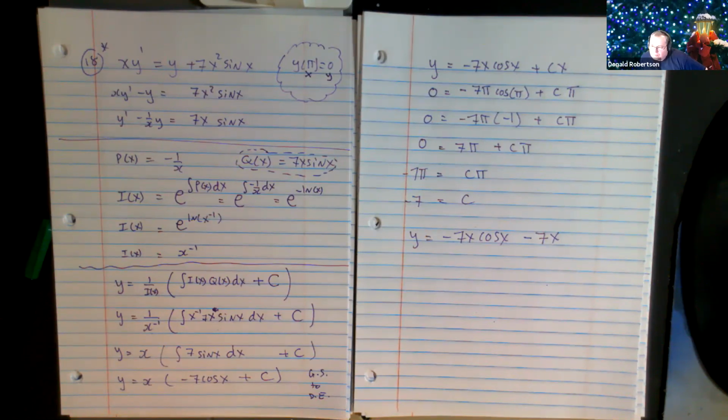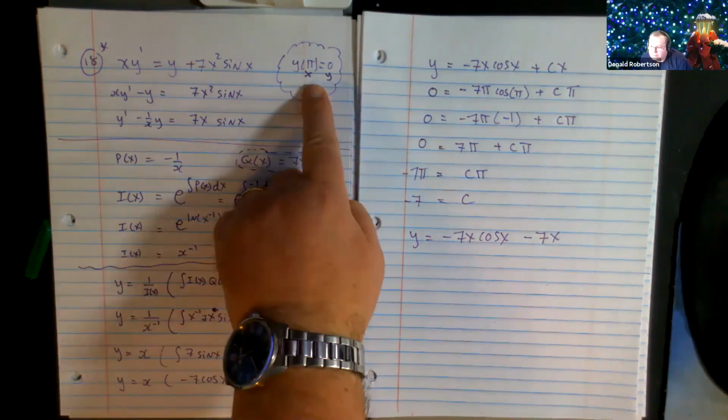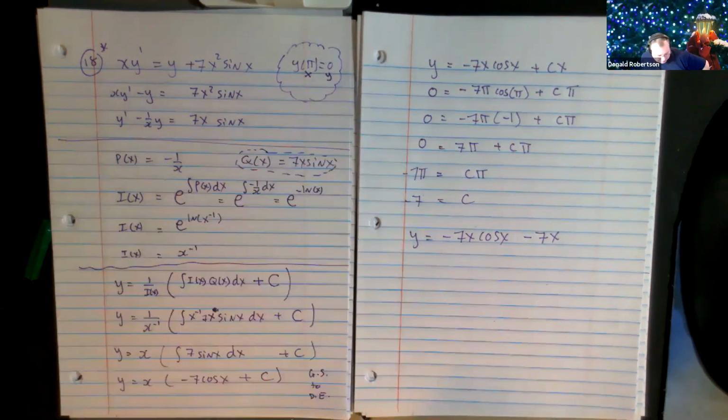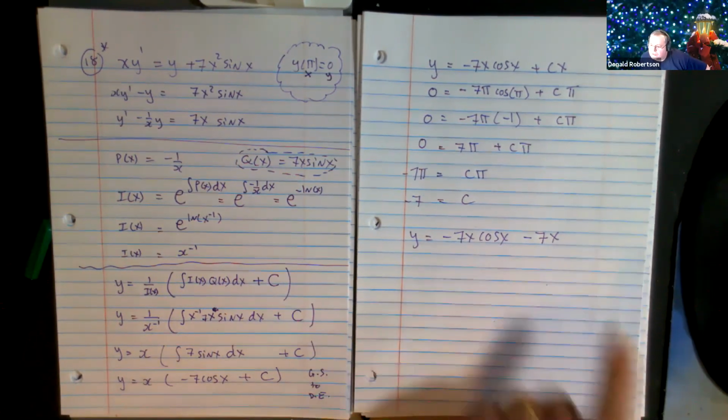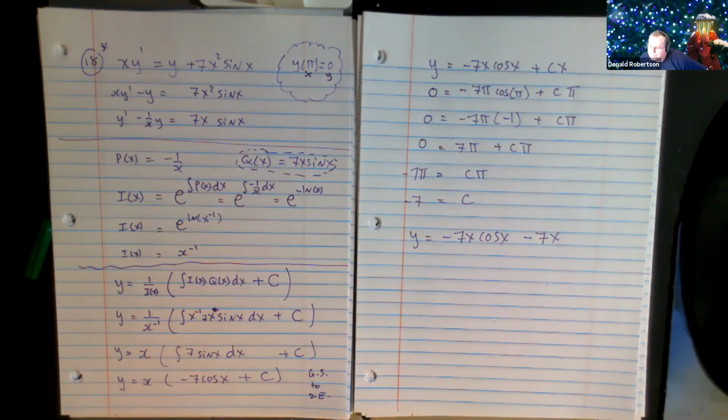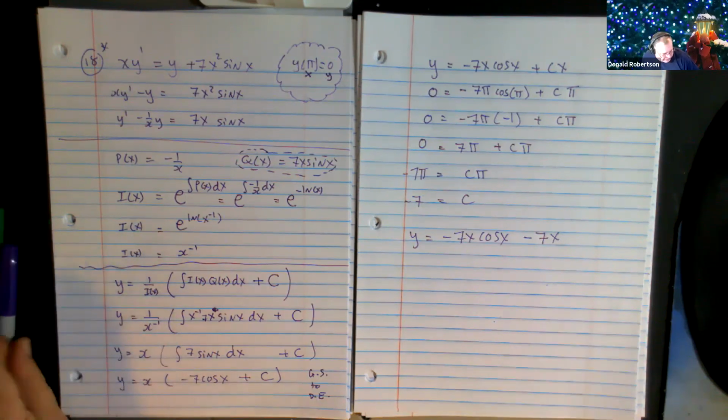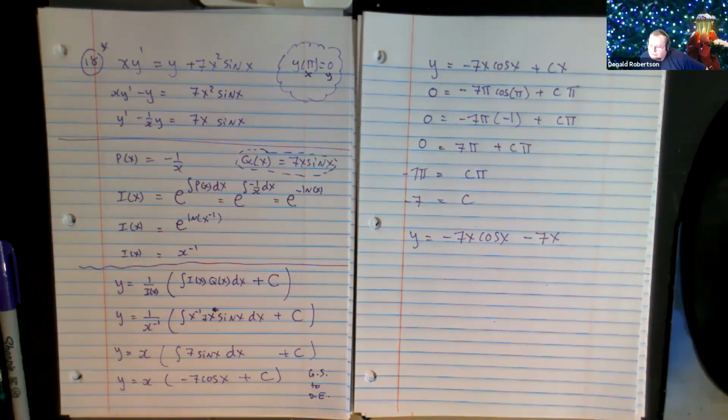So do you feel comfortable that if you were given a differential equation and on top of that a boundary condition, you could solve to get the general solution and then find the missing c to finish the question? Are there any more questions?